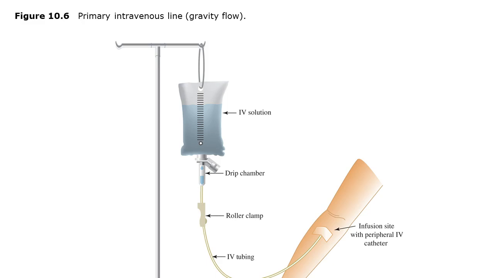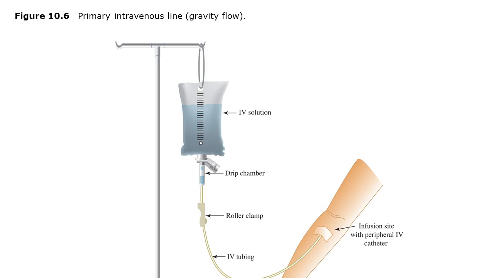As I said before, it's important to know how many drops equal 1 mL with the types of tubing that you're using. Another type of tubing you might use is 60 drops equals 1 mL, and that would be your microdrop tubing.